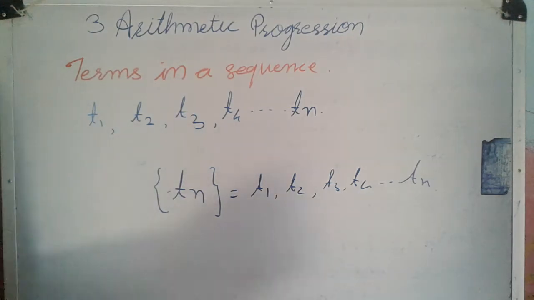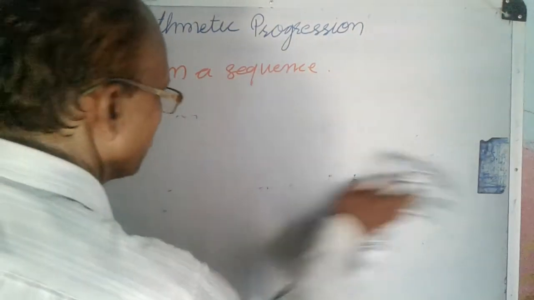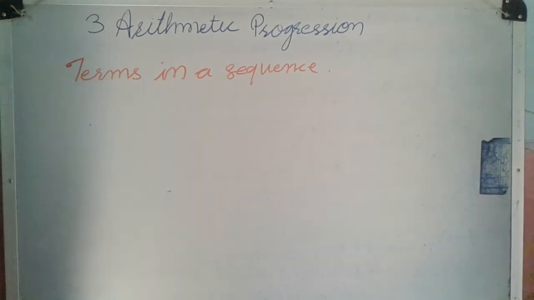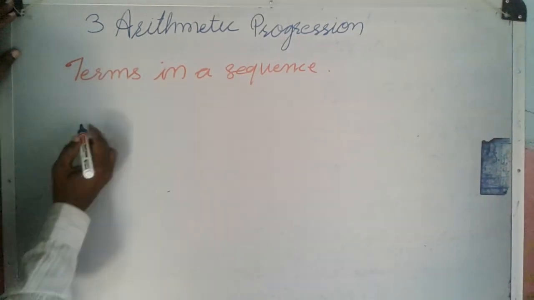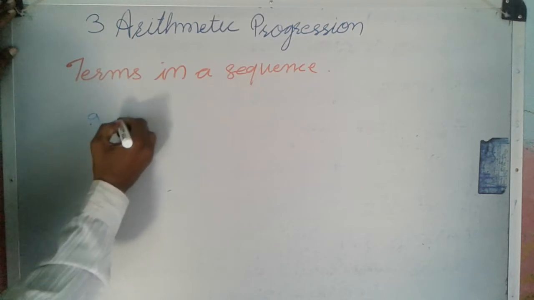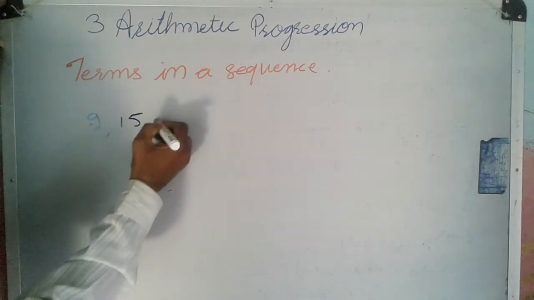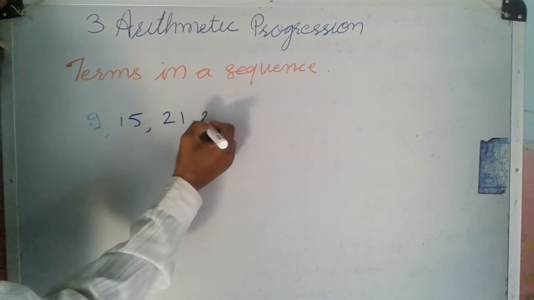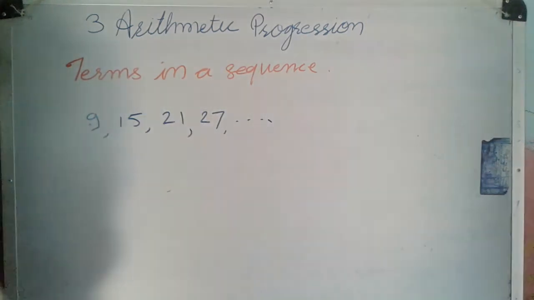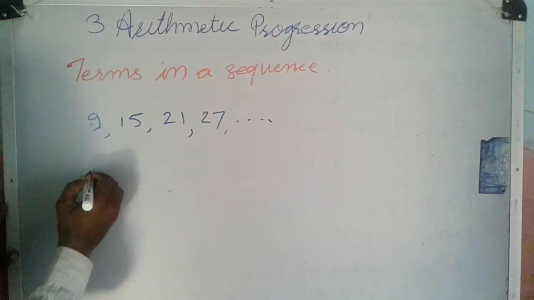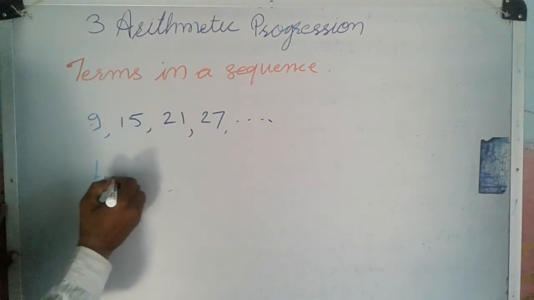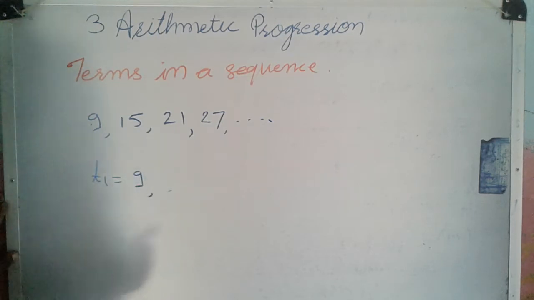Now see here, for example, in this sequence 9, 15, 21, the first term, that means T1, is equal to 9.